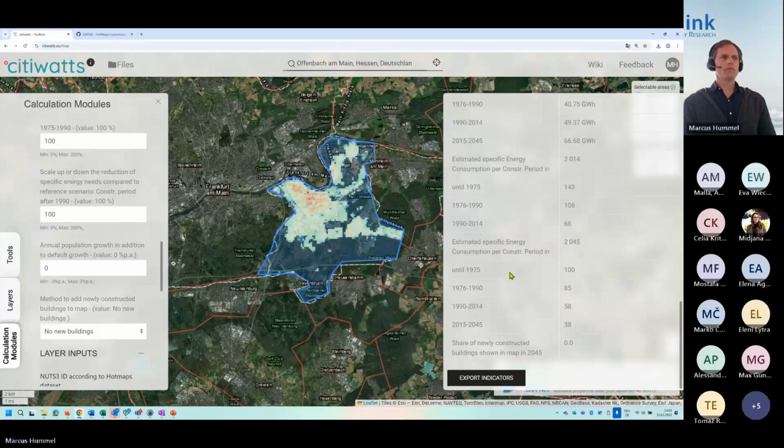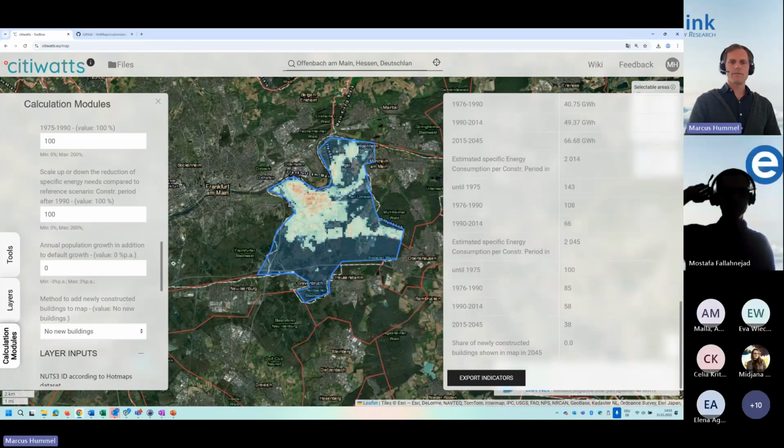Yeah, that's basically it from my side. With that, you can generate heat demand and gross floor area density maps for the current state and the future state. And with that, I will hand over to you, Mustafa, for going into the district heating analysis modules.